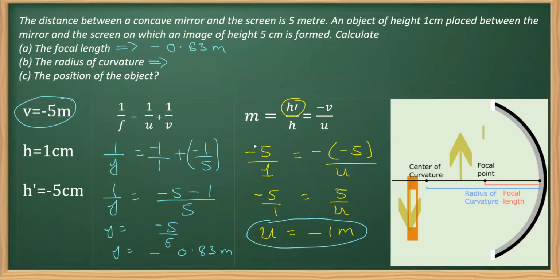Once we calculated this, we have to find the radius of curvature. You should know that the radius of curvature is twice the focal length.